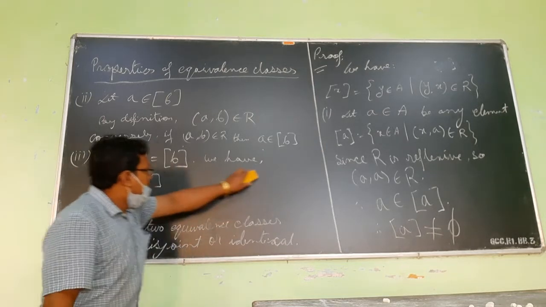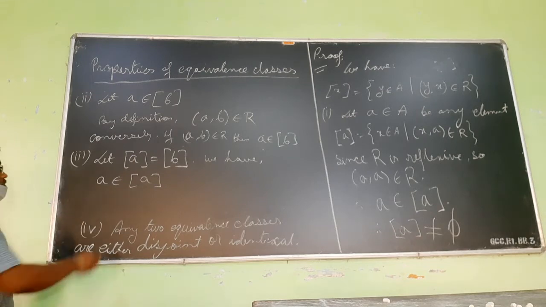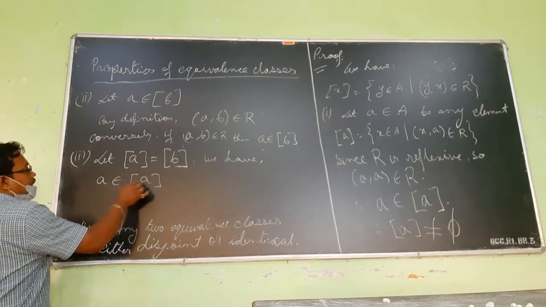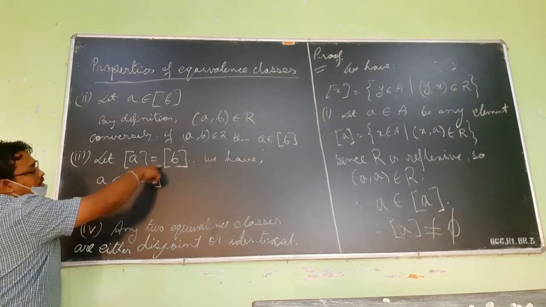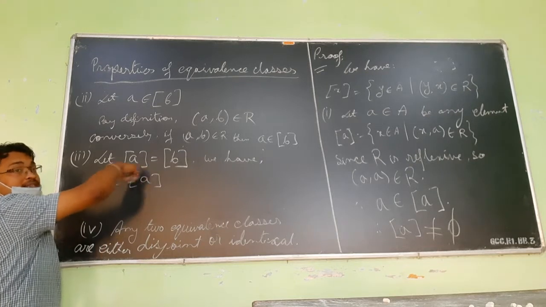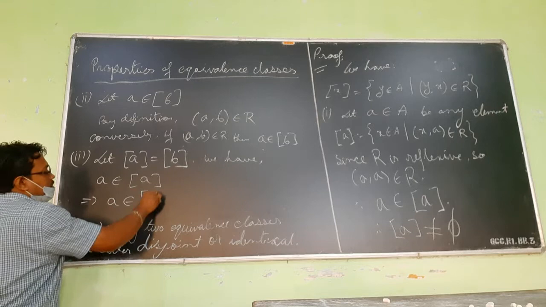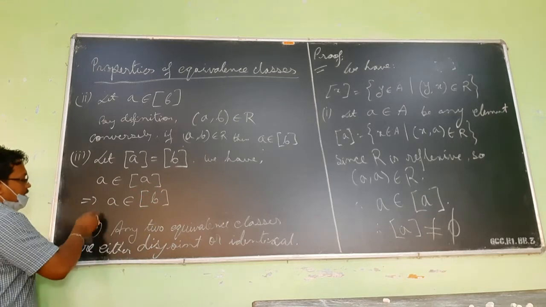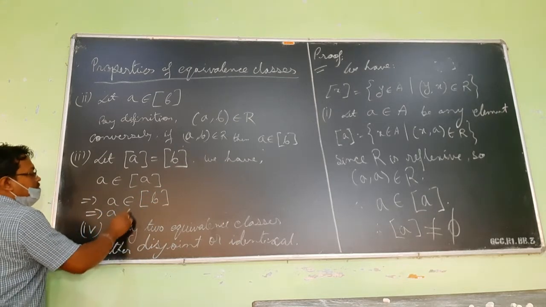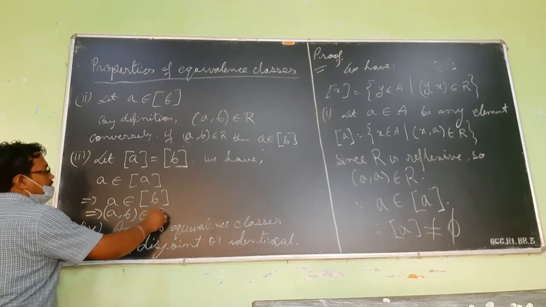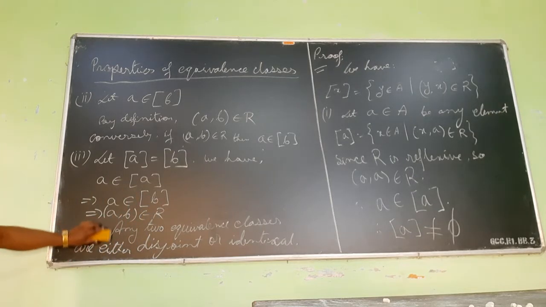We know that, but the equivalence class of a and the equivalence class of b are the same. So this will imply that a belongs to the equivalence class of b. And what does this mean? It means that (a, b) is in R. So this is also there.